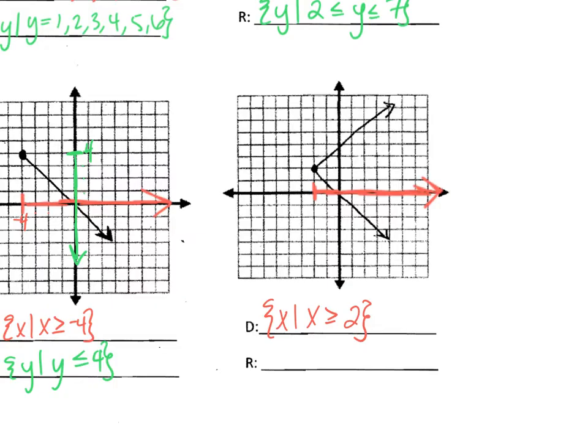Now my y values are going up and down. It keeps going this way, and it keeps going this way. What did we say is the answer if the whole number line is shaded? Yes, all real numbers. So y such that y is contained in the set of all real numbers.